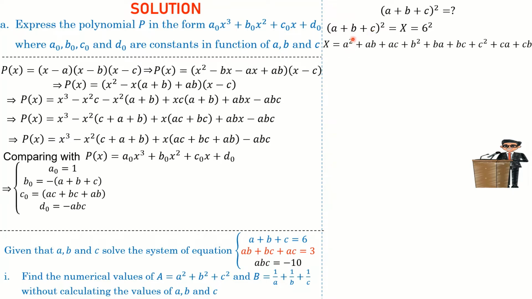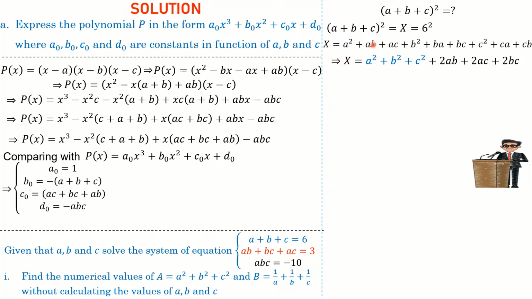So doing that, we have a squared plus ab plus ac plus b squared plus ba or ab plus bc plus c squared plus ca or ac plus cb or bc. It all depends on you. So from there, we can group like terms together. So we have a squared plus b squared plus c squared, which is what we are interested in finding.